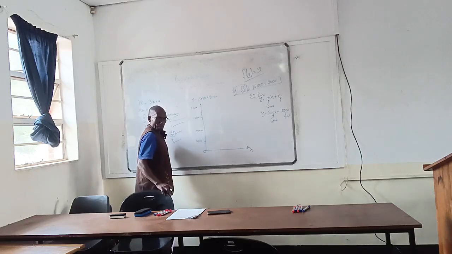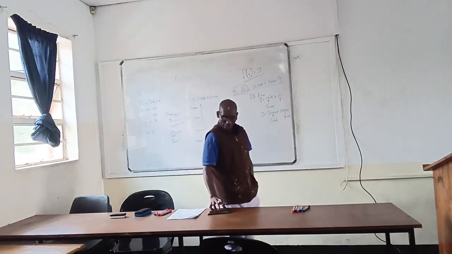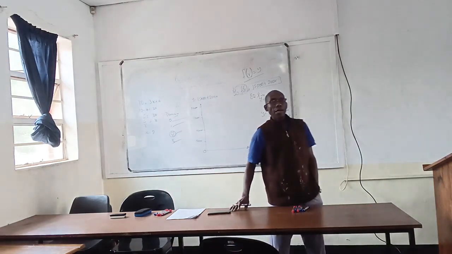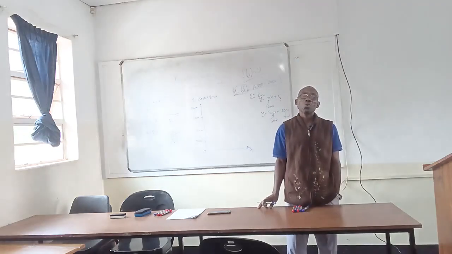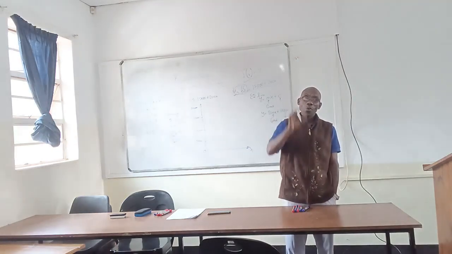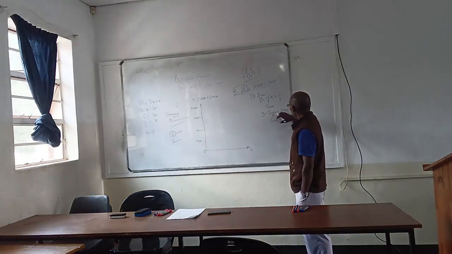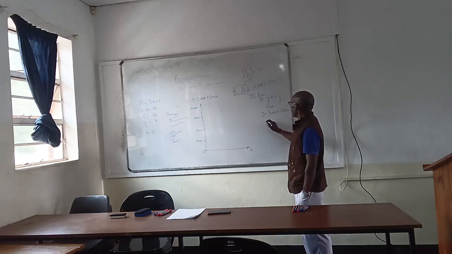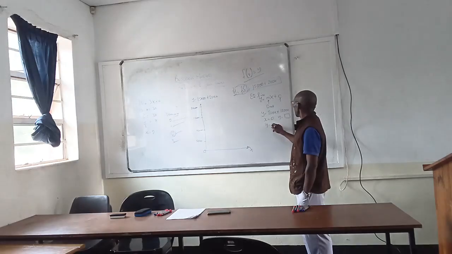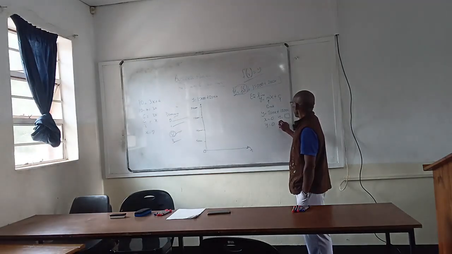Then we are saying a line should comprise 2 points. For the first point, make x equal to 0, then find what your y is. For the second, make y equal to 0, then find what your x is.